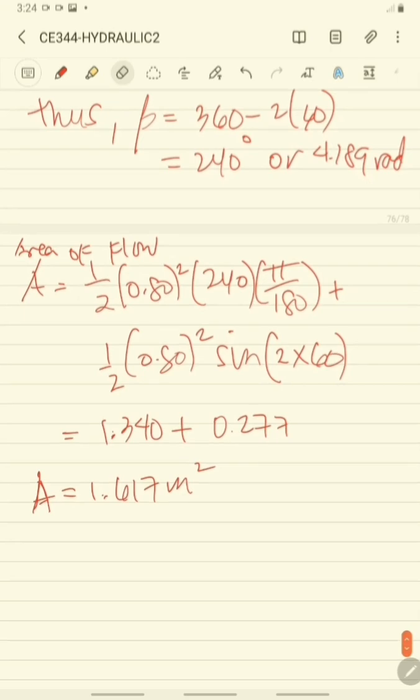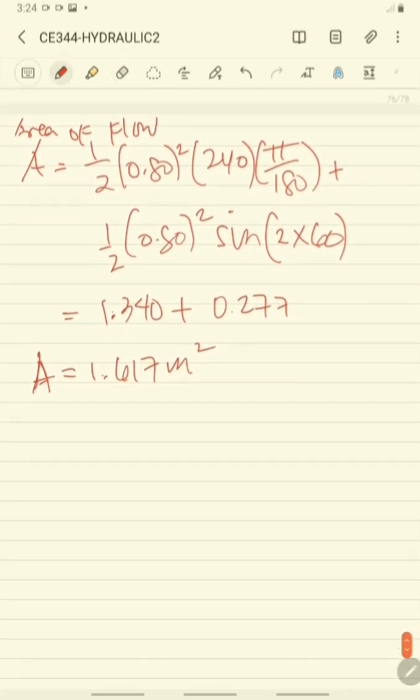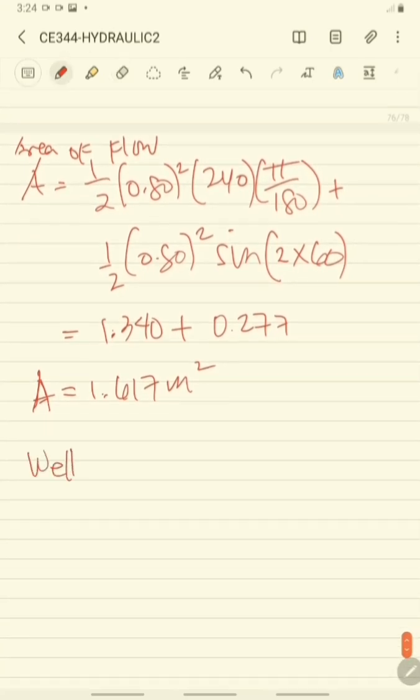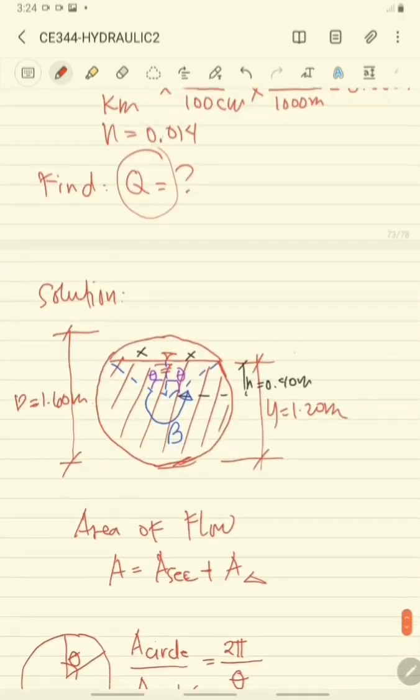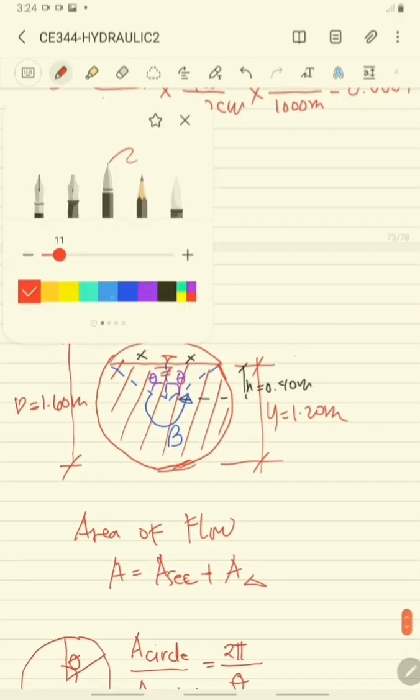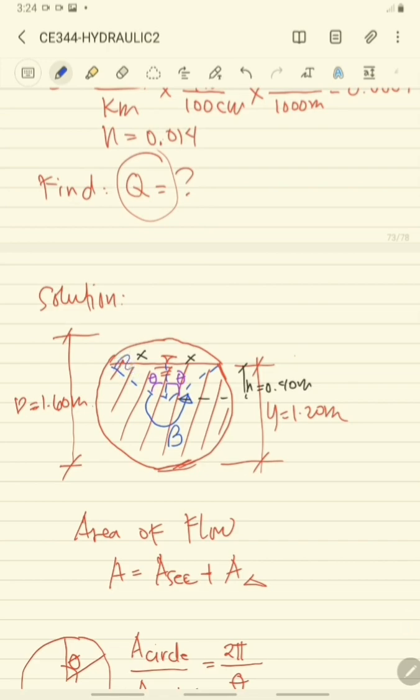For the wetted perimeter, that is the portion of the pipe wall that is in contact with water.